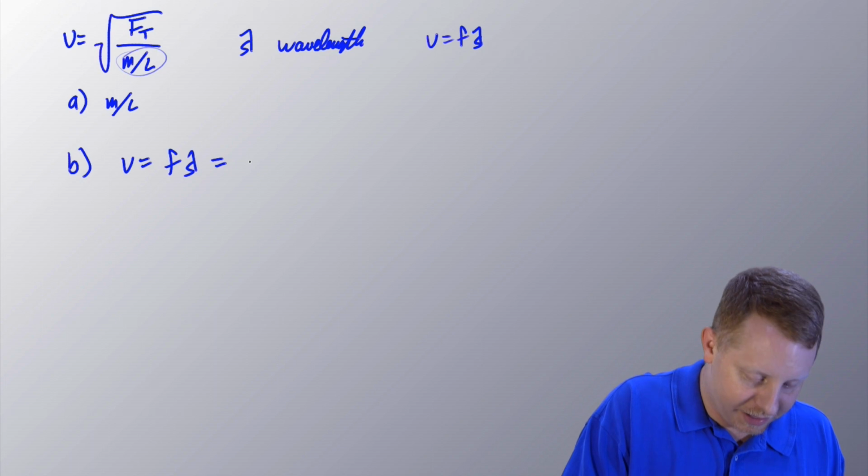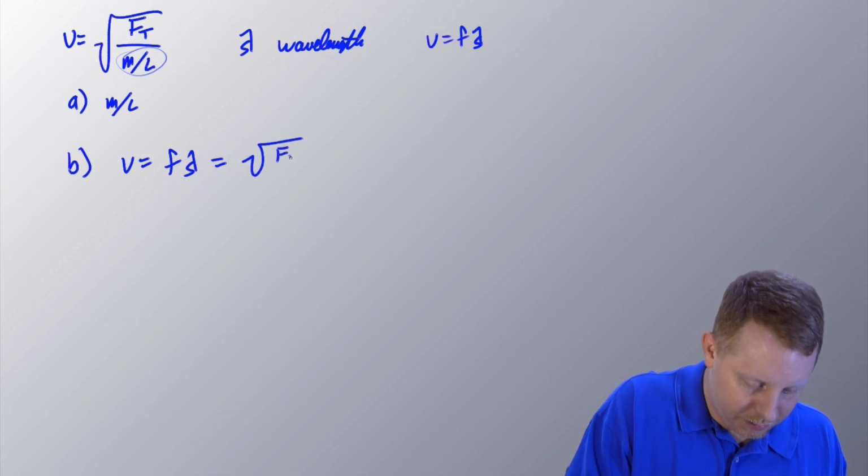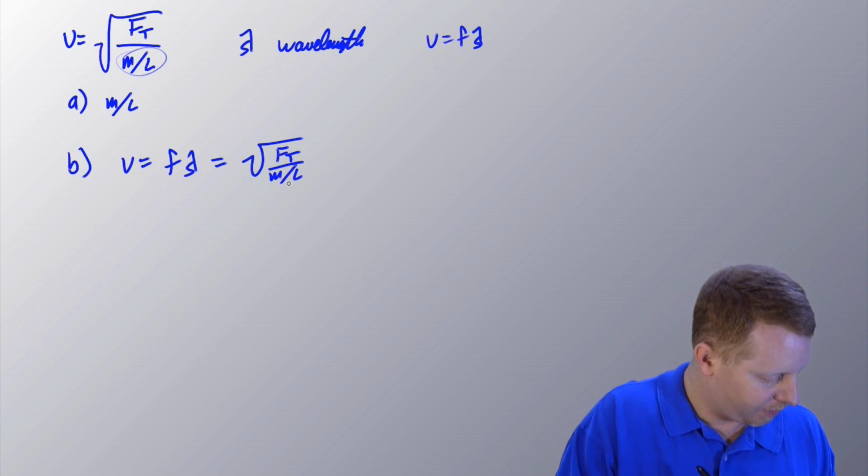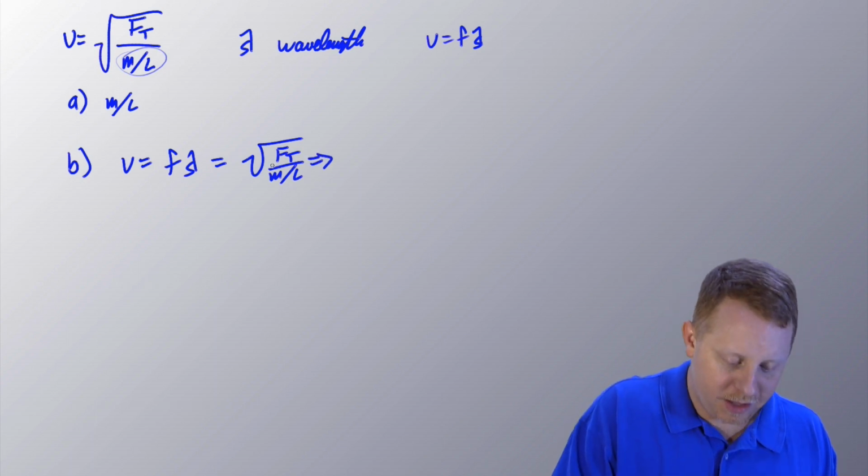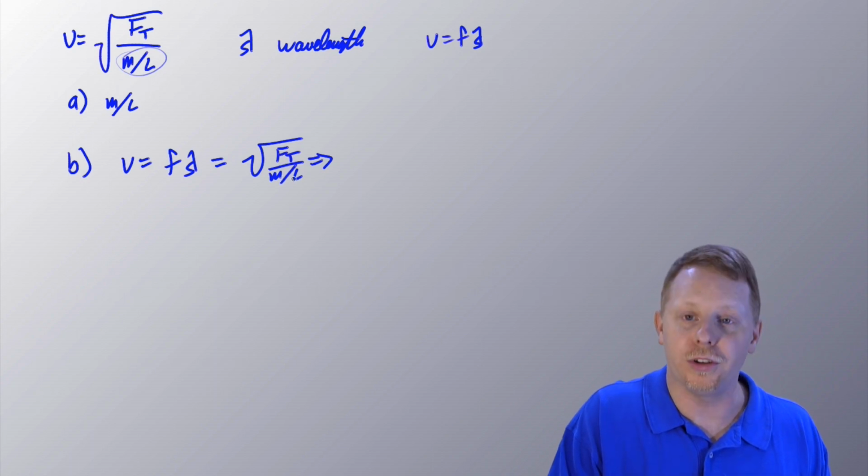But v, we just said, is the square root of the tension divided by the mass per unit length of the string, which is equal to f lambda. What I'm going to do is try and get this as a function of 1 over m over L, the inverse of the mass per unit length.